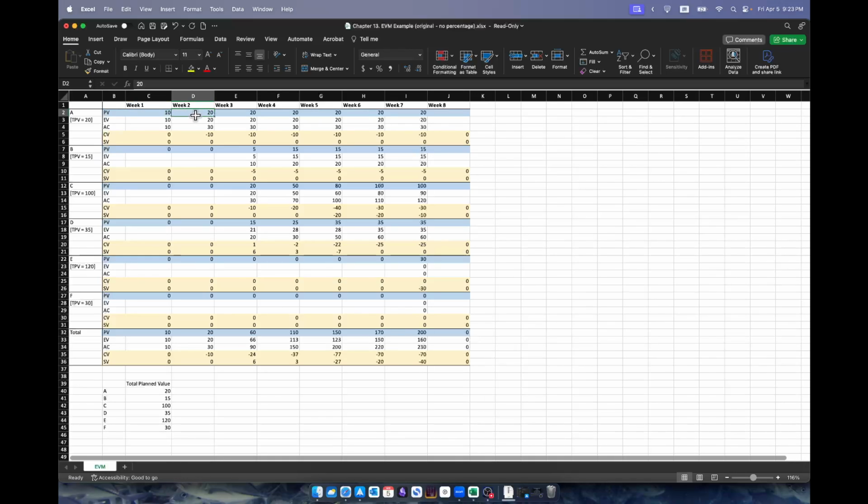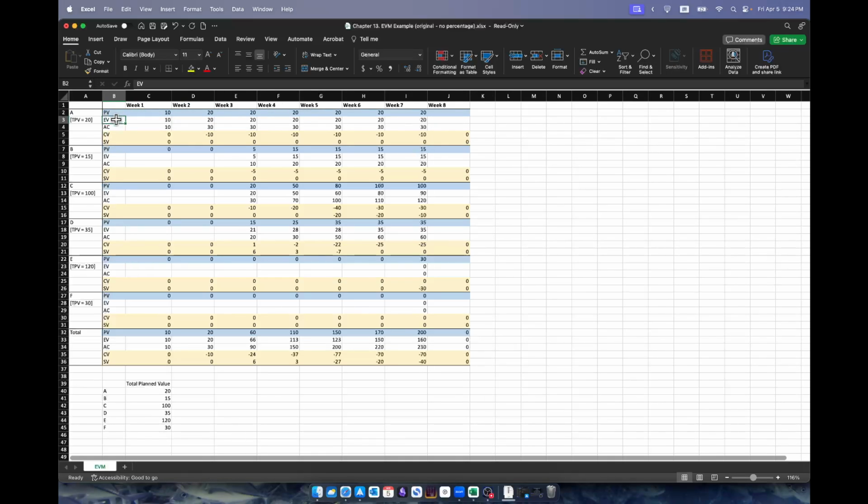And week two, 20 out of 20. This is saying that your plan is to finish activity A by the end of week two, 100%. As you can see, this 20 stays all the way until week 7, because once it's completed, those planned values stay through.